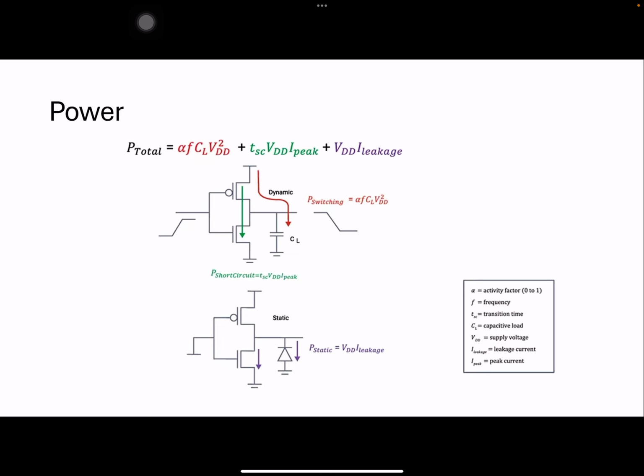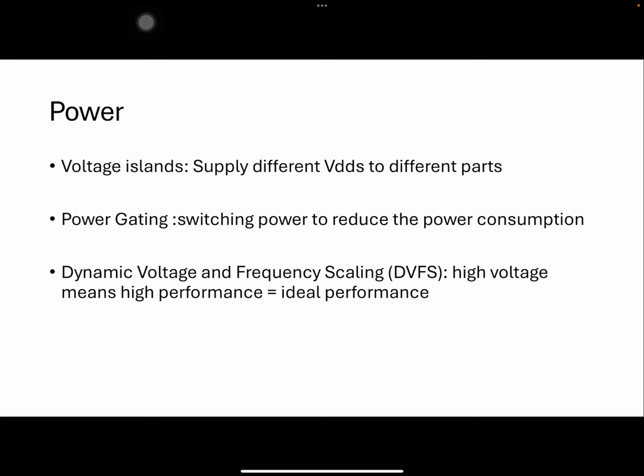Dynamic power consumption is mainly caused by the flipping of signals, which leads to parasitic RC charge and discharge inside the device. While static power consumption is caused by the leakage current of the device when it is powered on. We have several ways to decrease the power consumption.